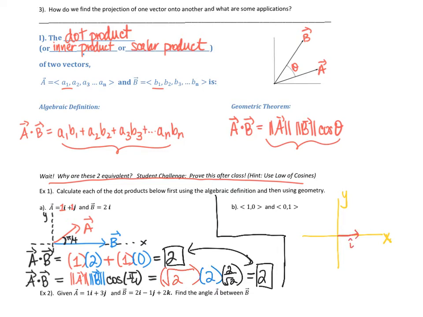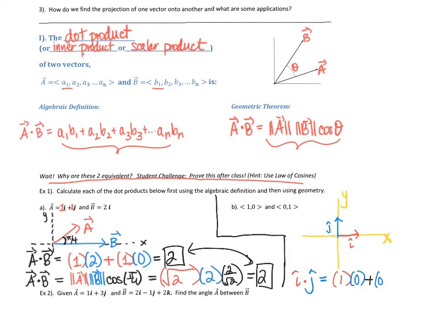This is the vector i hat, and this vector 0, 1 is the vector j hat. And so let's do the dot product again, both ways with them. So let's do it algebraically first. I dotted with j, and you can see what's going to happen with these because I'm going to end up with 1 times 0 plus 0 times 1, so I'm going to get 0.